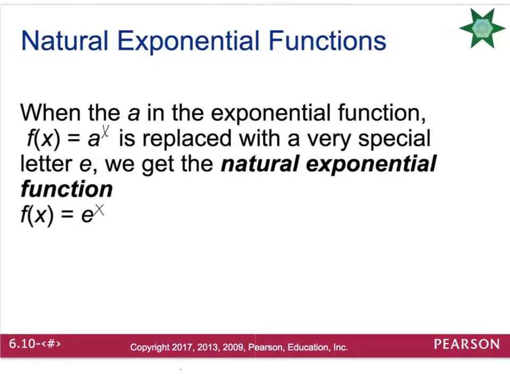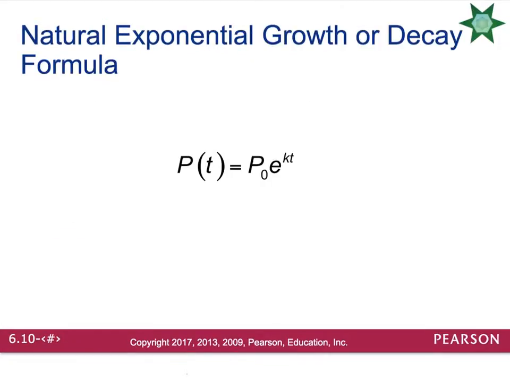When the a in the exponential function is replaced with the letter e, we have what's called the natural exponential function, and it looks like f of x equals e to the x. The population growth equation will change, and the only thing that changes is that the a gets swapped for the e. So P of t equals P naught e to the kt.